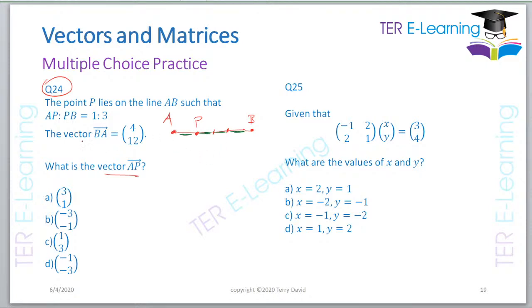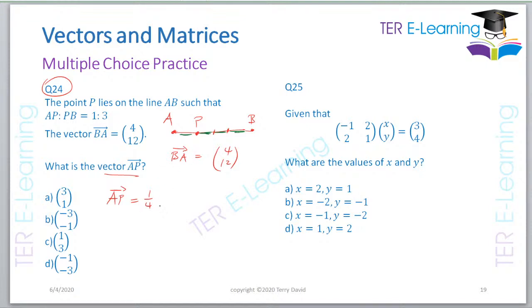So now they told us that the vector BA is equal to (4, 12), right? Now the question is asking what is AP, right? Now AP is actually equal to a quarter. Make sure you understand how I get a quarter.